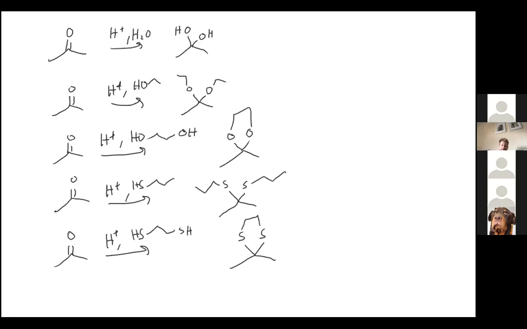The thioacetals, or the cyclic thioacetals, are going to have an interesting feature to them.